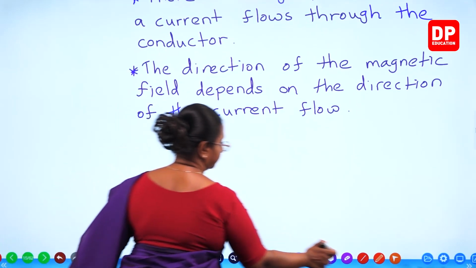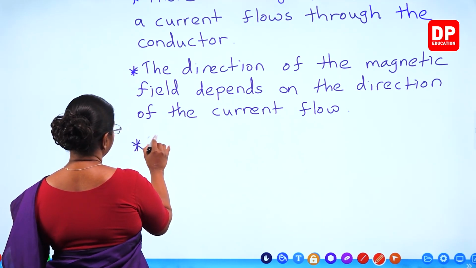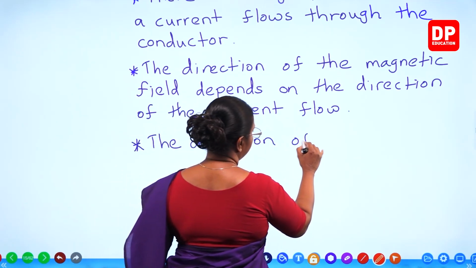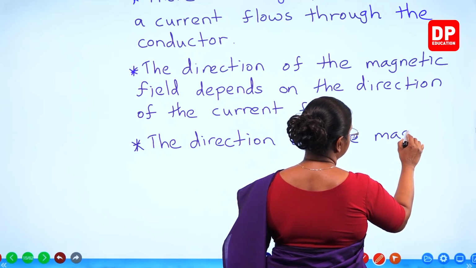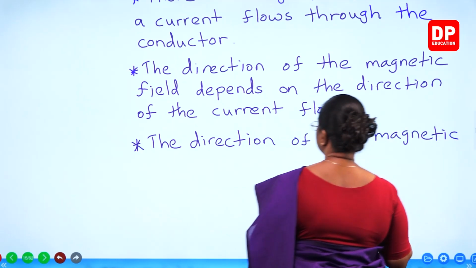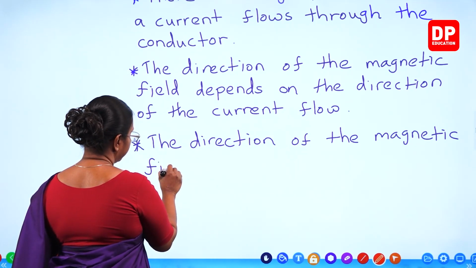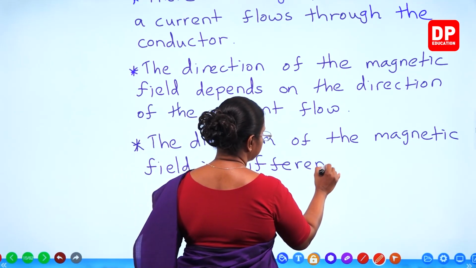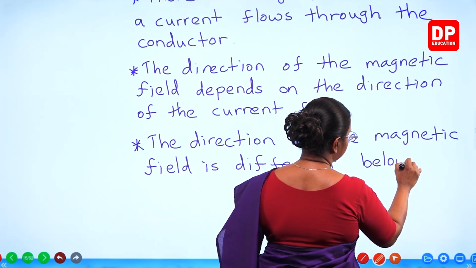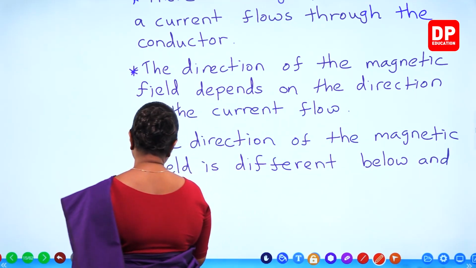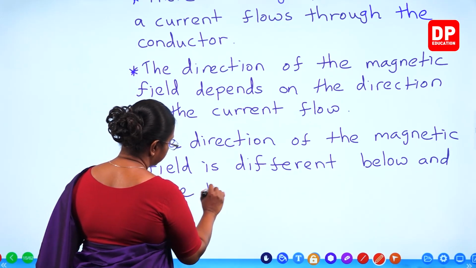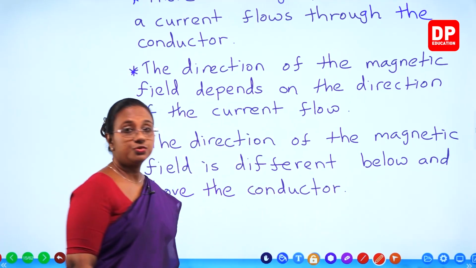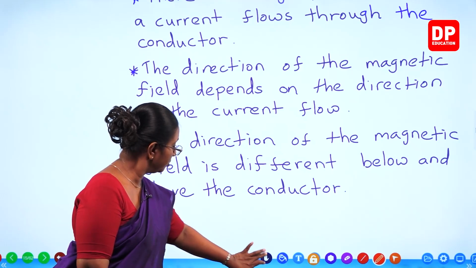Then the direction of the magnetic field is different below and above the conductor. So those are the conclusions that you were able to get.